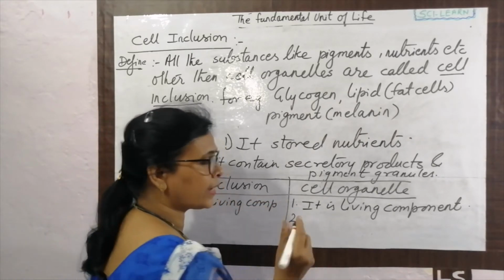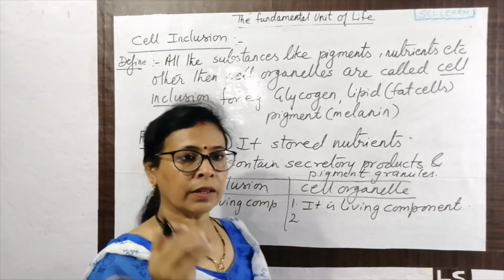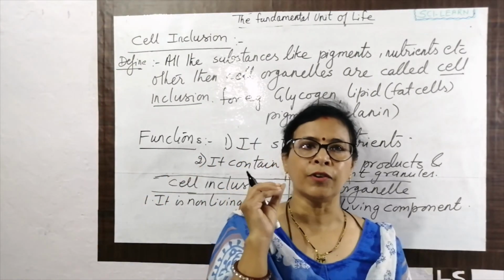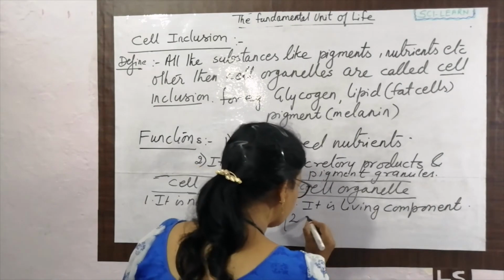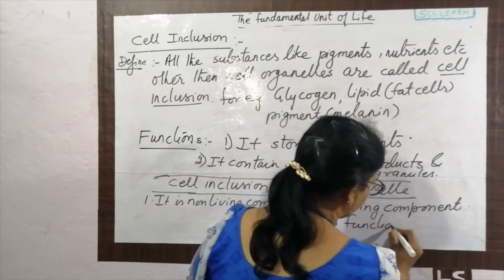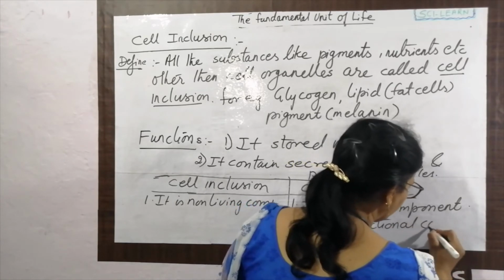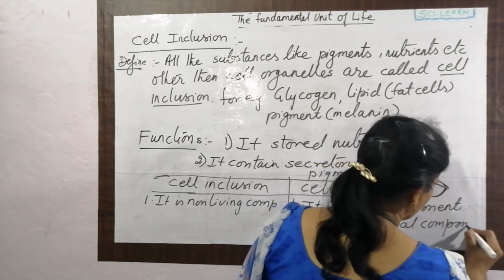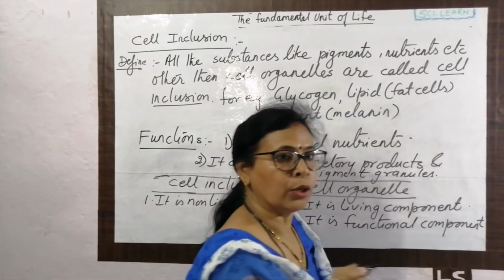Okay. Now, what is the second difference between these two? The cell organelle is a functional component. But what about the cell inclusion?